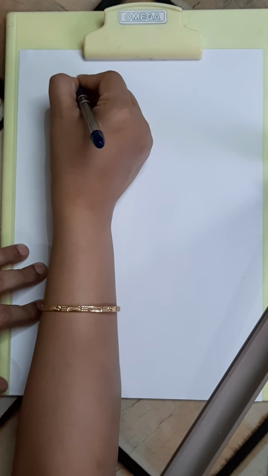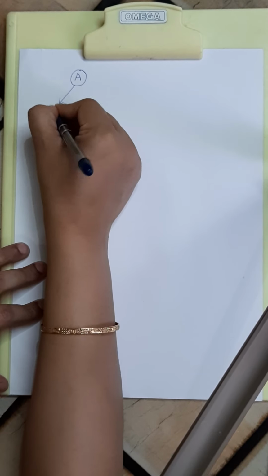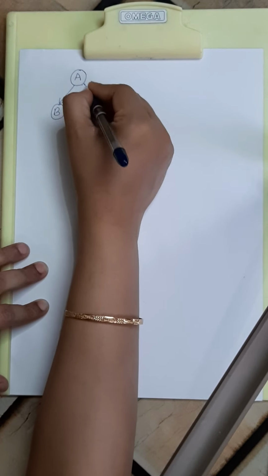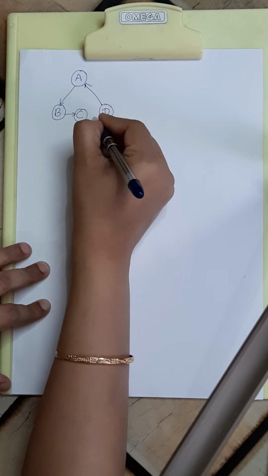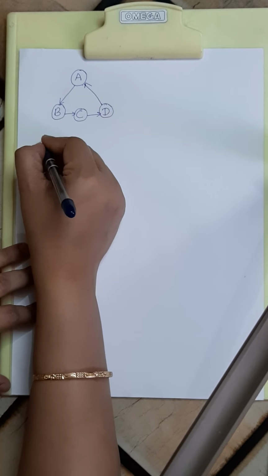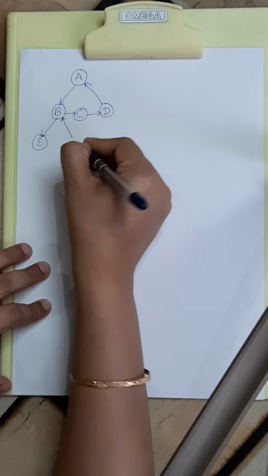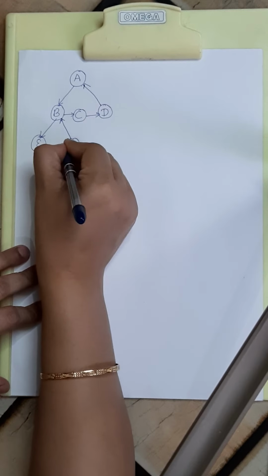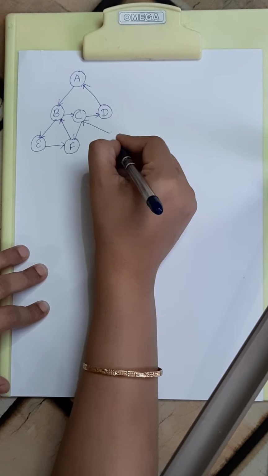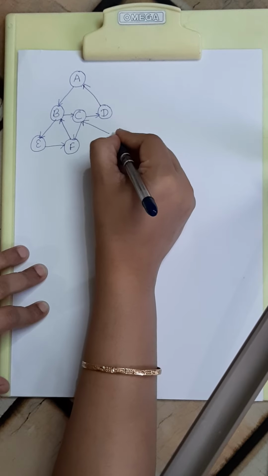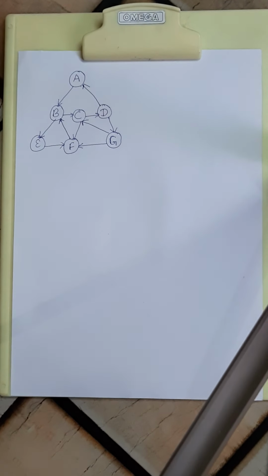So we'll take one example. Here we are having A. Suppose this is the graph which is given.